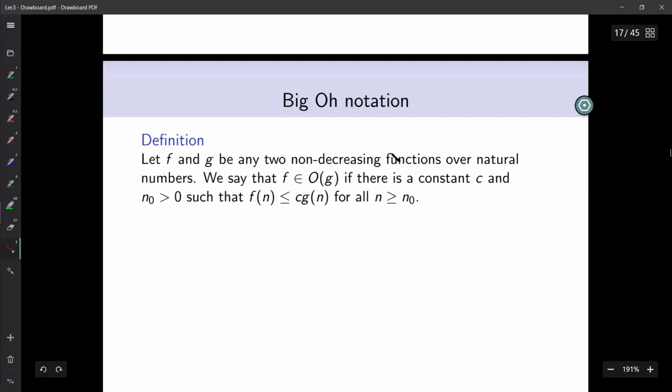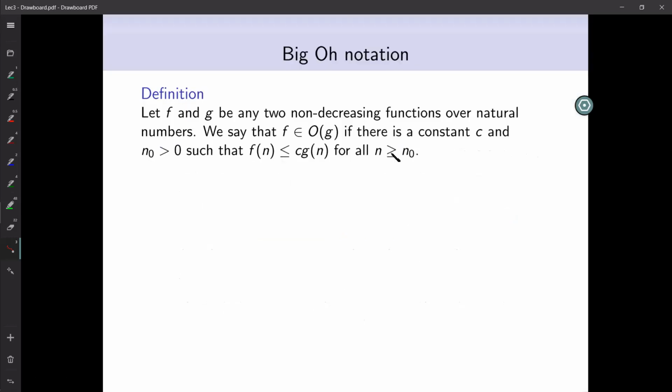Let me formally define what the big O notation is. Let f and g be any two functions that represent running time. I specifically said non-decreasing functions over natural numbers. So I say that f is in order of g. This is one notation. Some books also say f is order of g. Both notations are fine.